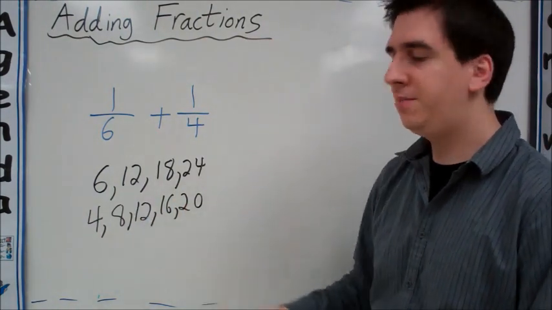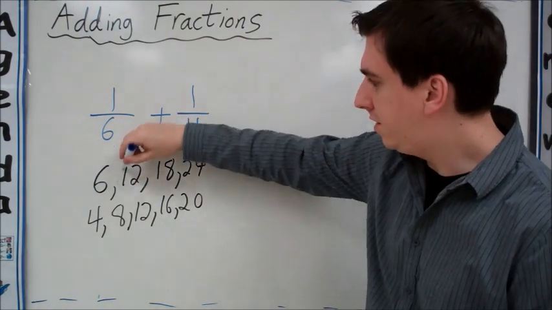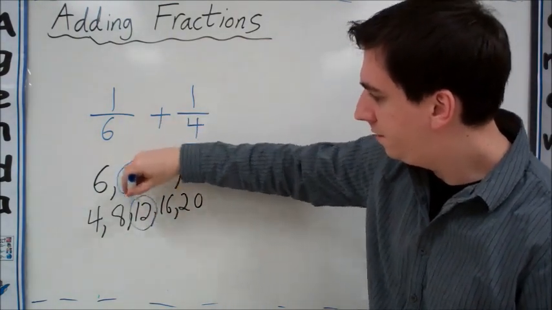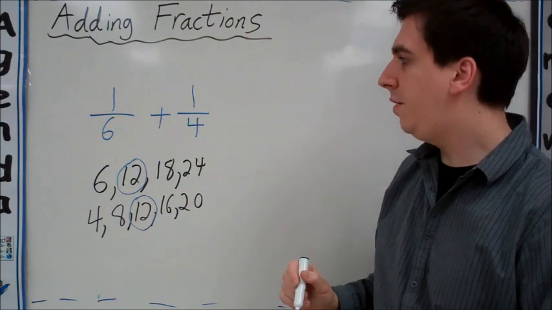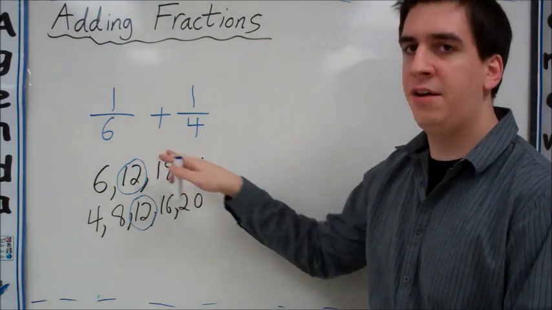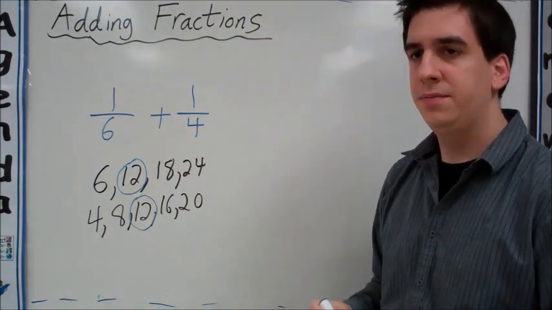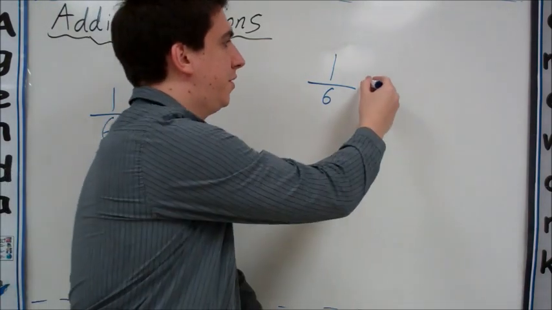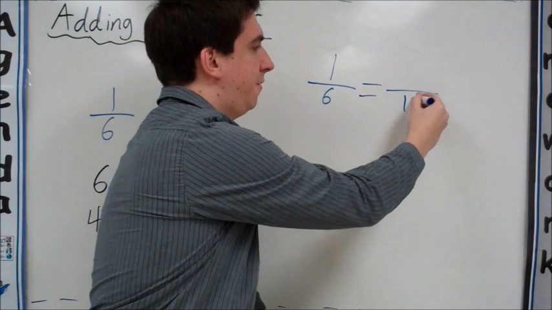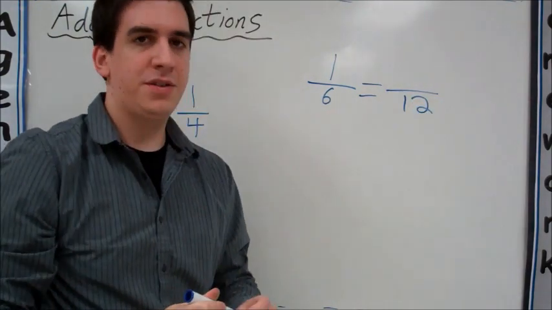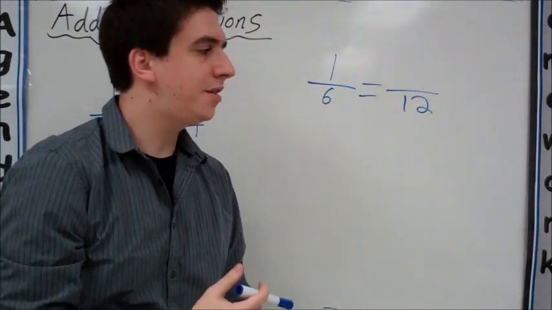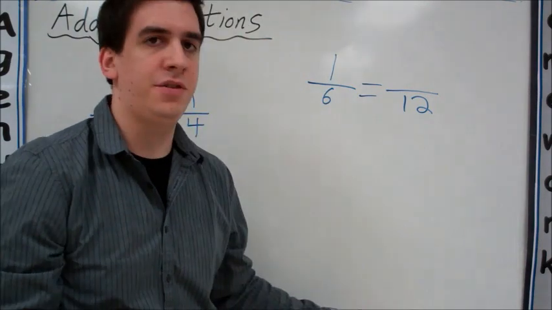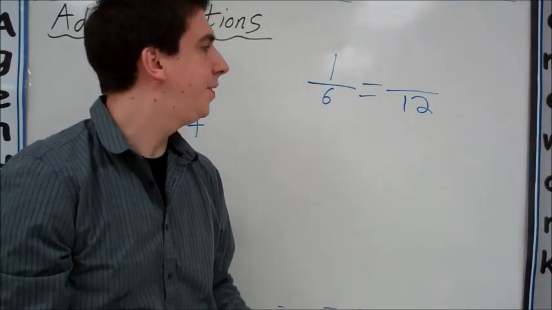Do any of those match up together? Let's look at this. The 12 matches up. So now we can make these fractions out of 12. Let's start with 1/6. 1/6 equals something out of 12. Because that was our least common multiple, now that's our least common denominator also. Remember, those two words are interchangeable.